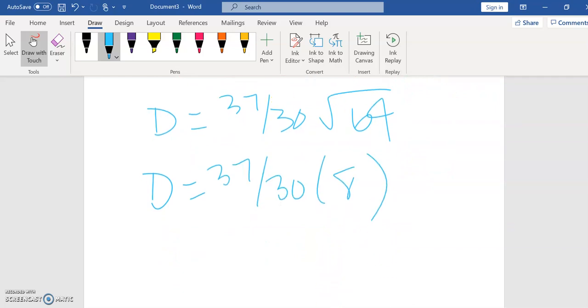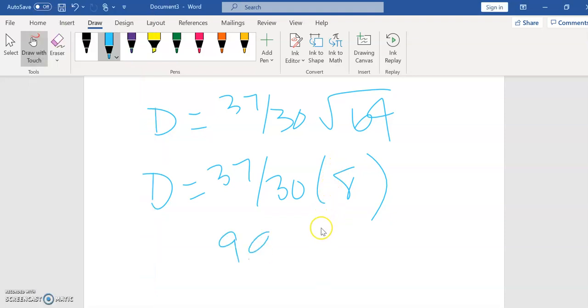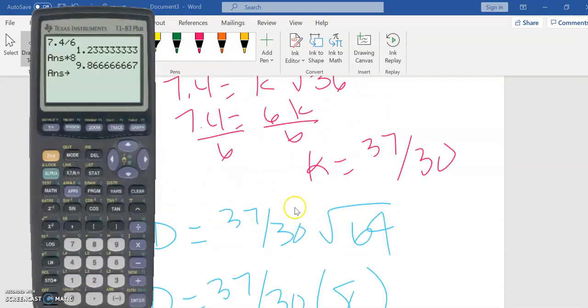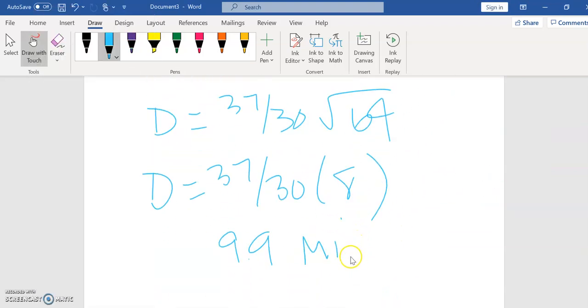And now you can see here, by leaving this in my calculator, I don't have to worry necessarily about this 37/30th. I can just go times 8, and rounding this is 9.9. And I think this was miles, right? Yep, miles. So this person who's a little bit higher can now see almost 10 miles.